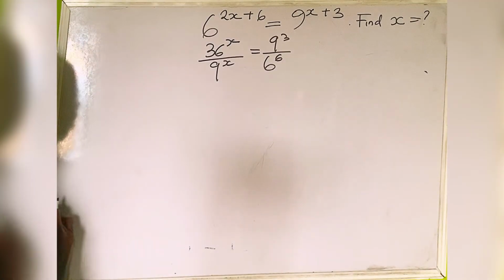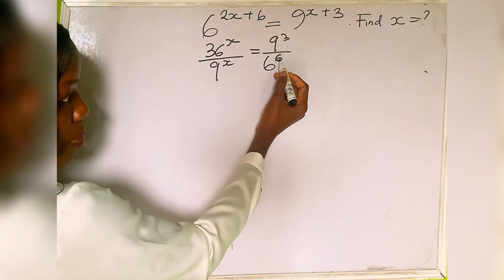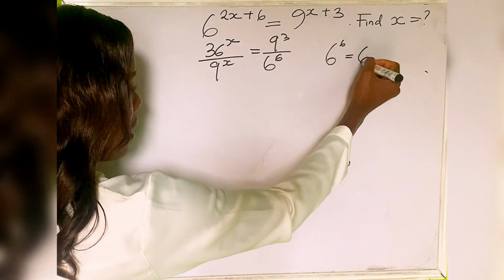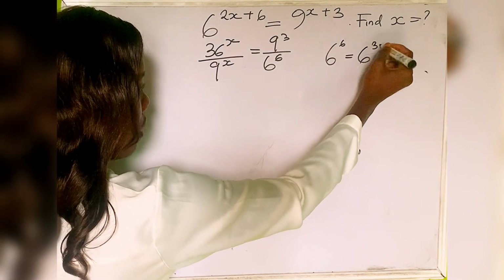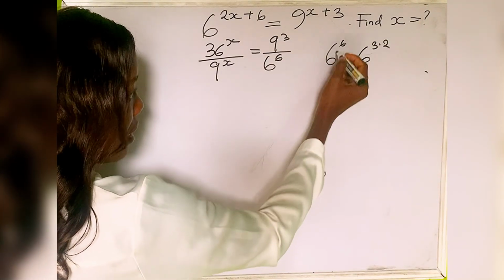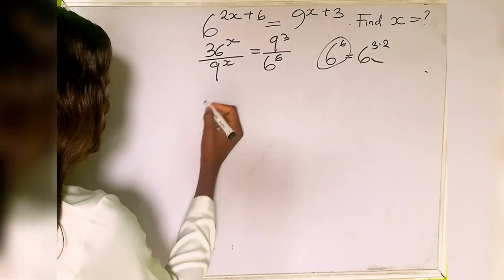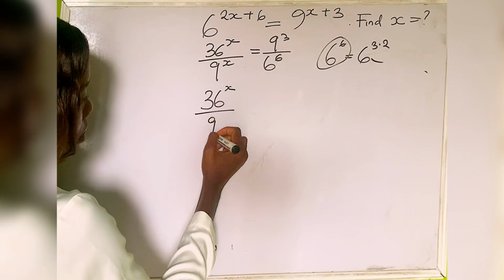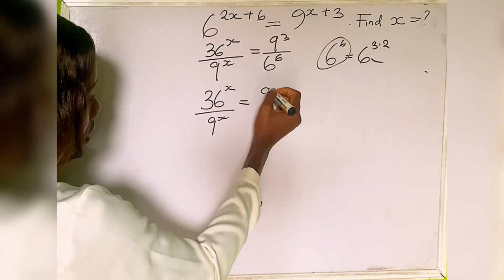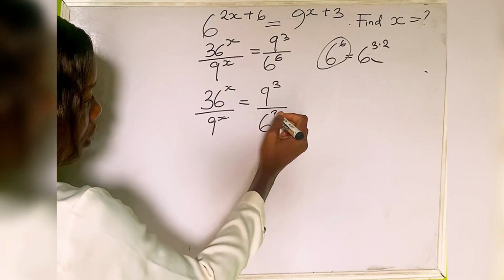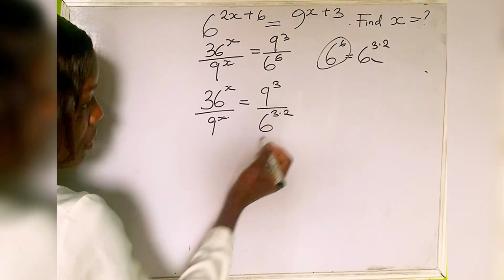Now for this power of 6, you can write this as 6 to the power of 3 multiplied by 2, because 3 times 2 is going to give us 6. So we're going to replace this with this now. We have 6 to the power of x all over 9 to the power of x is equal to 9 to the power of 3 all over 6 to the power of 3 multiplied by 2.